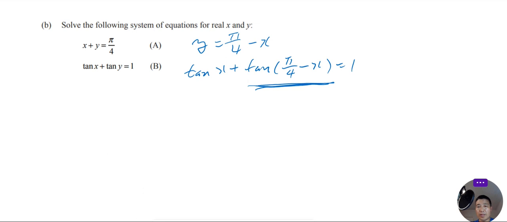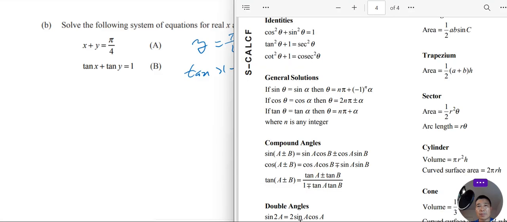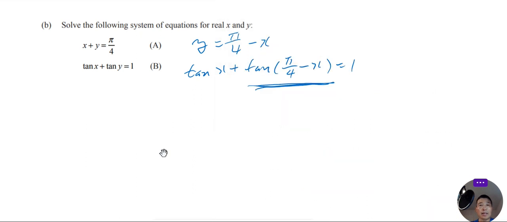If you see the Scholarship Calculus formula for compound angles, tangent of a minus b equals tangent a minus tangent b over 1 plus tangent a tangent b. So apply that here.